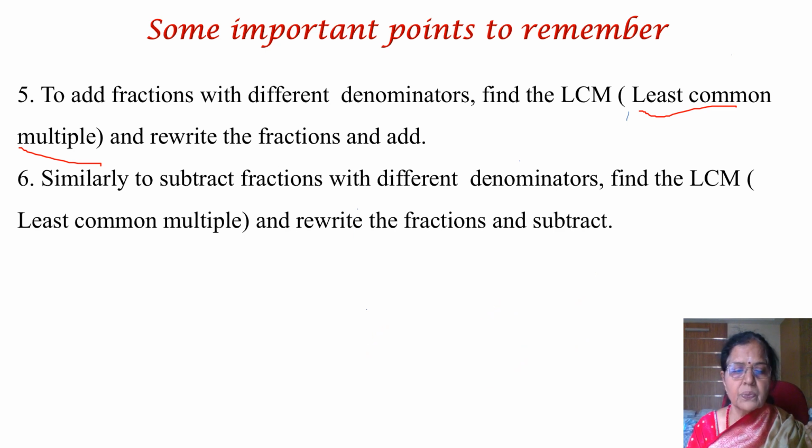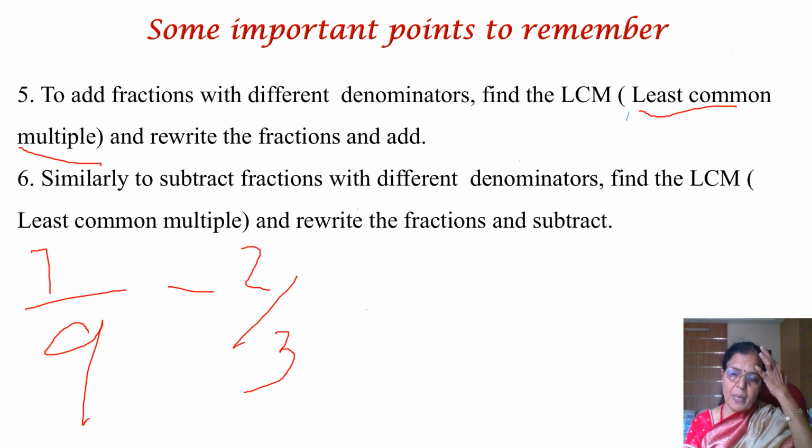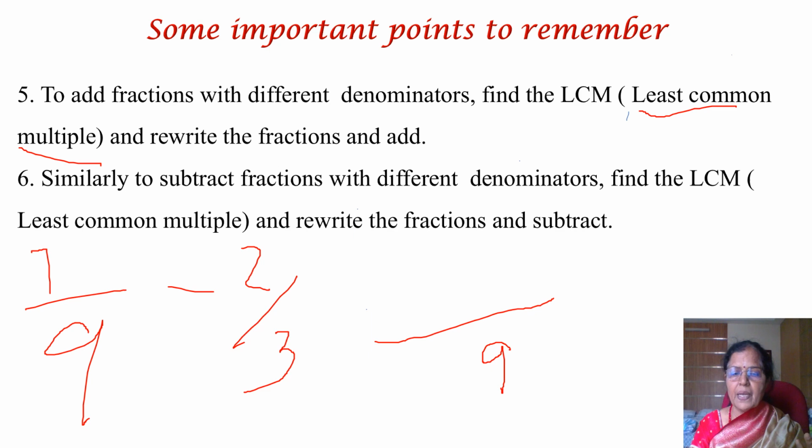Suppose we want to subtract the fraction 7 by 9 minus 2 by 3. We are going to subtract 2 by 3 from 7 by 9. So what is the least common multiple? 9 is the least common multiple, because 9 divided by 9 is 1, and 9 divided by 3 is 3. First, 9 divided by 9 is 1. 1 into 7 is 7.